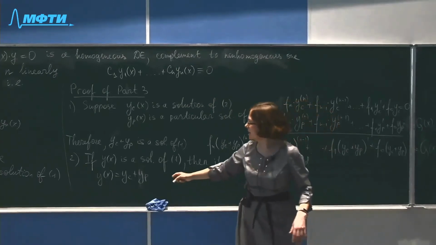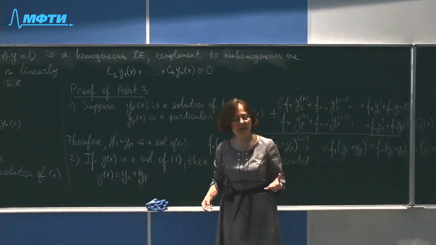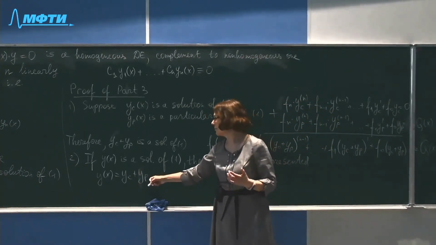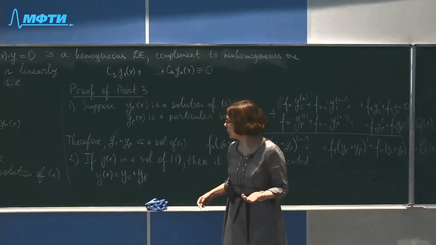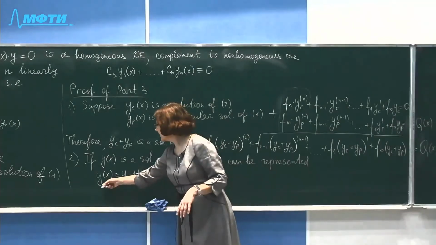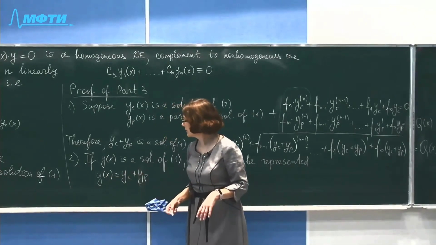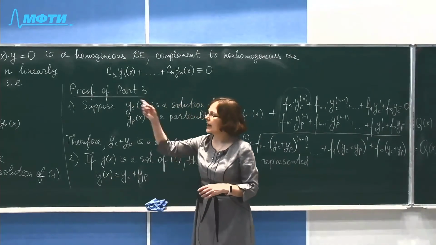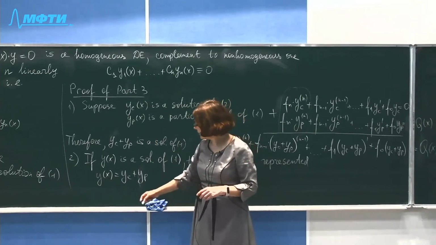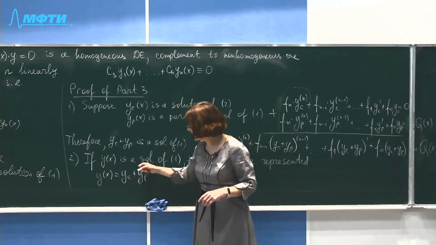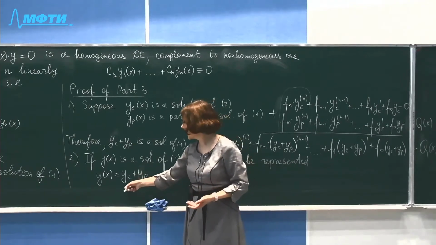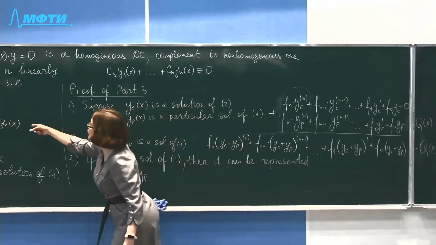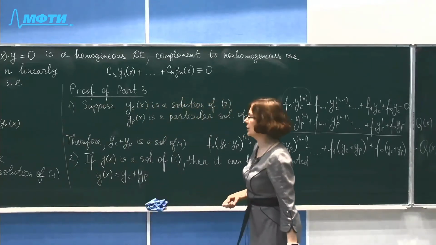So it is found in advance, right? So we know some particular solution, and our goal is to show that any solution of the original differential equation can be represented as this given particular solution plus this general solution of a homogeneous equation.